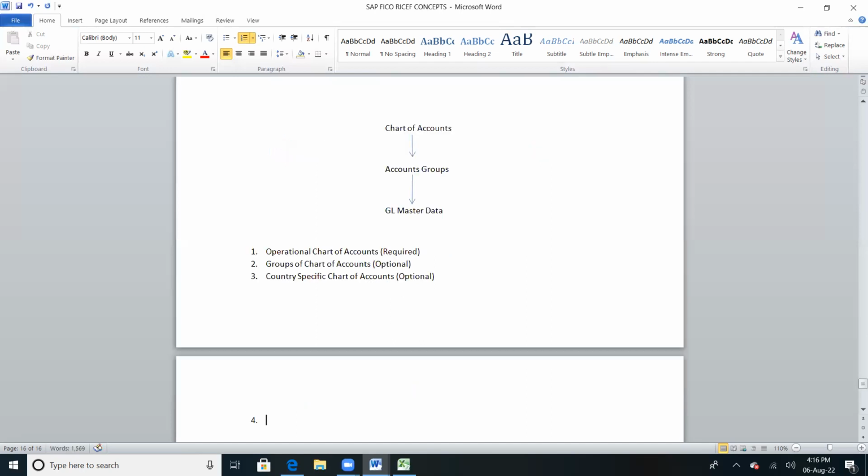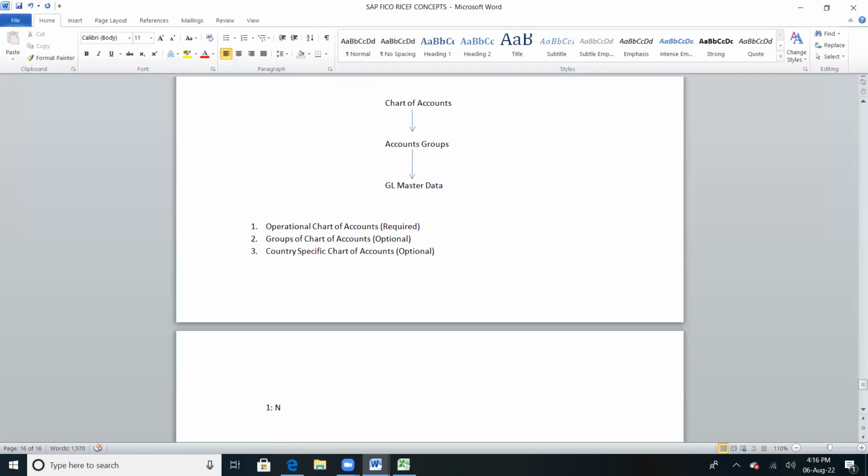Right. So we can go with this chart of accounts using 1:n methodology. What does it mean? We have prepared one chart of accounts, and we can use this chart of accounts for a number of company codes.